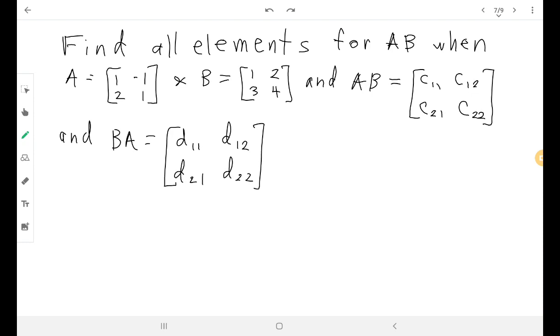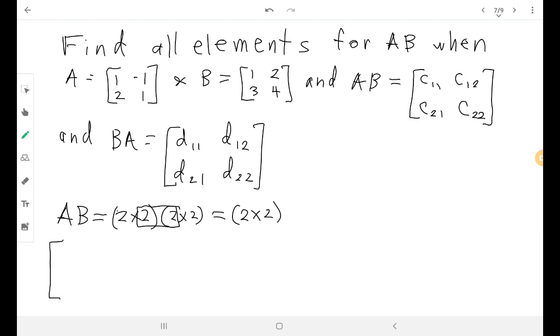So if I do A times B, first of all, that's a 2 by 2 times a 2 by 2. As you can see, our inner numbers are always going to be the same, and it will, of course, result in a 2 by 2 matrix. Those are the outer numbers. So if I do A times B, what will that be? Well, let's see.